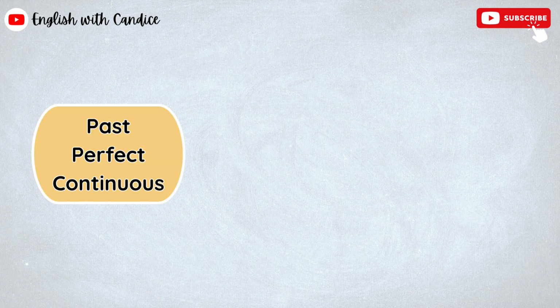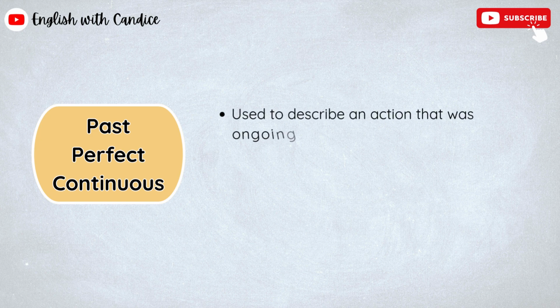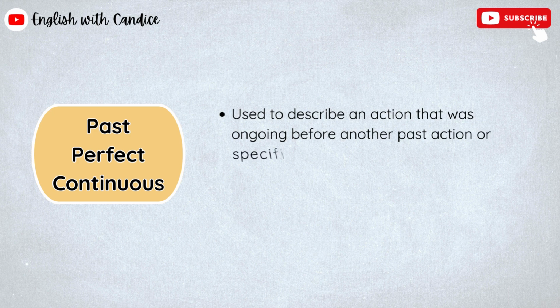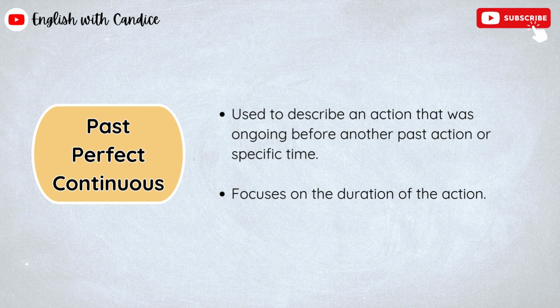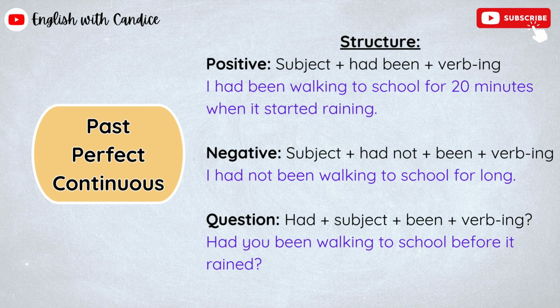Finally, let's talk about the past perfect continuous tense. This tense is used to describe an action that was ongoing before another past action or time. It emphasizes the duration of the action. The structure for positive sentences is the subject, had been, and the verb with ing. For example, I had been walking to school for 20 minutes when it started raining.